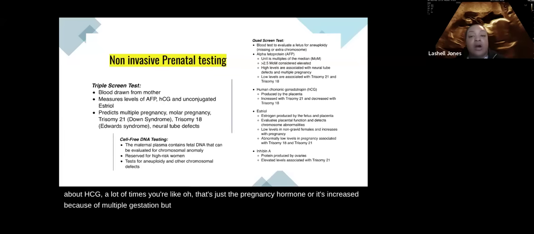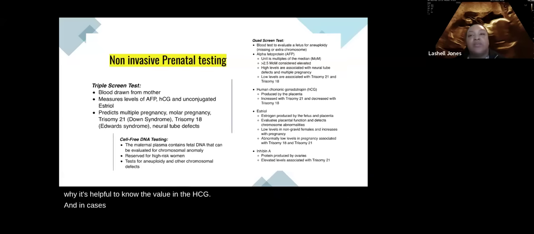But not so. It's also increased with trisomy 21. And so that's why it's helpful to know the value of the HCG. And in cases where it's decreased, it could be significant for trisomy 18. Okay, so it's not just a pregnancy hormone.